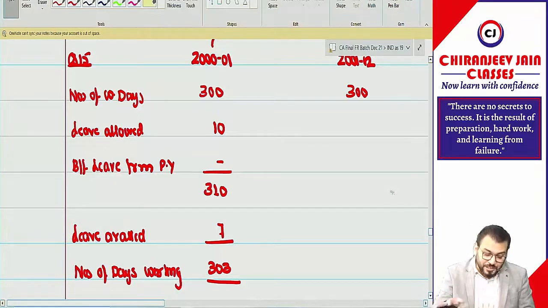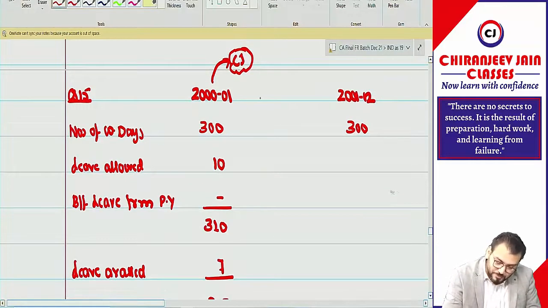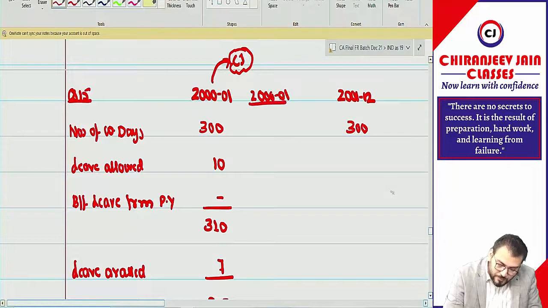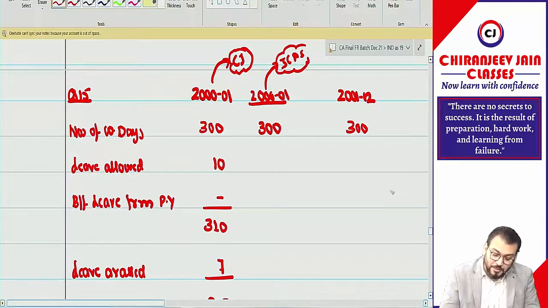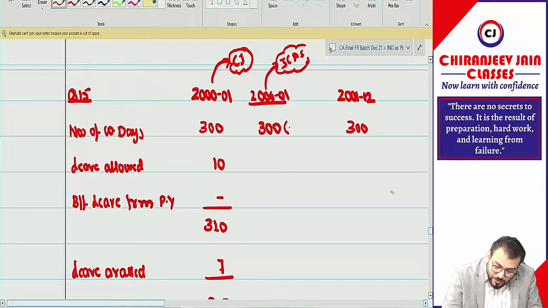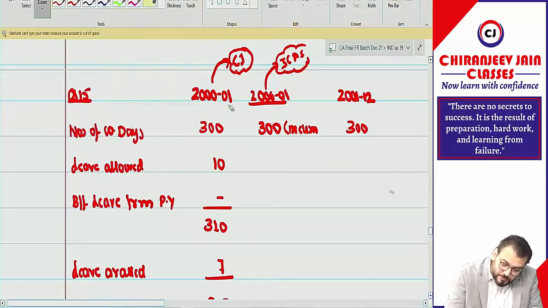But what the institute has done for the same year as per ICAI, they said 300, fine. But they are saying this 300 is inclusive of what? Including 10 days. I don't know why.